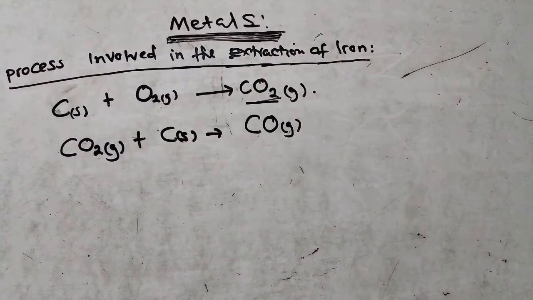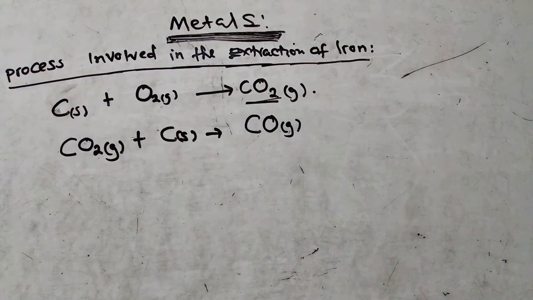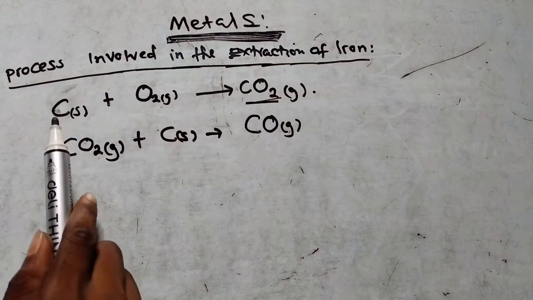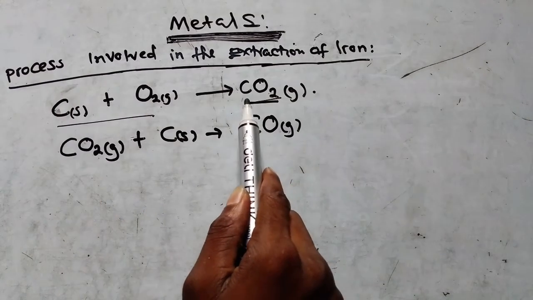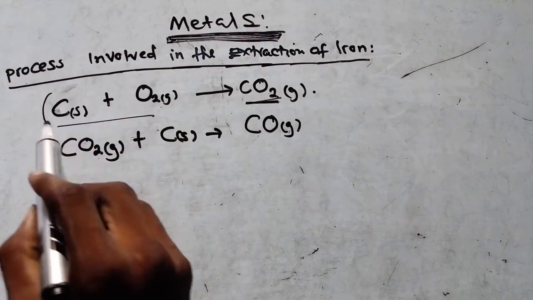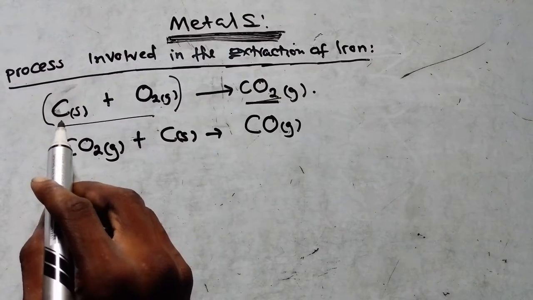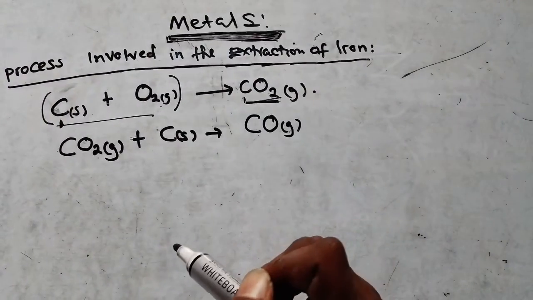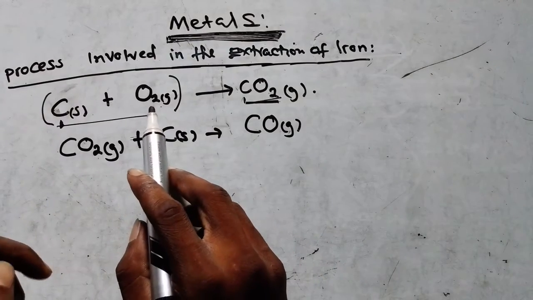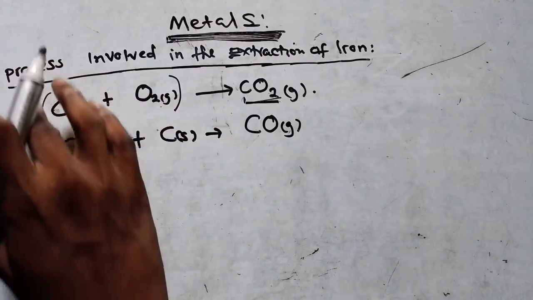So guys, in chemistry, when we have such an equation, we make sure that it is balanced. What do I mean? Whatever we have on this side is what we need to have on that side. On the product side we have 1 carbon, and on the other side we also have 1 carbon. Coming to oxygen, we have 2 oxygens here and 2 here. So this equation is balanced.